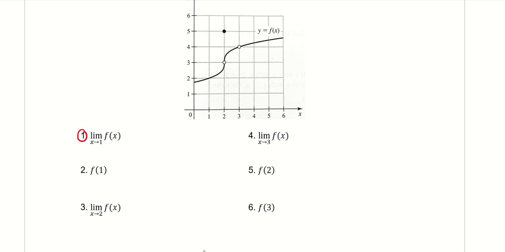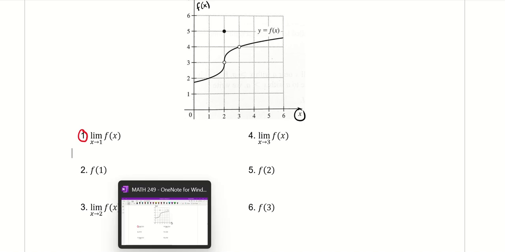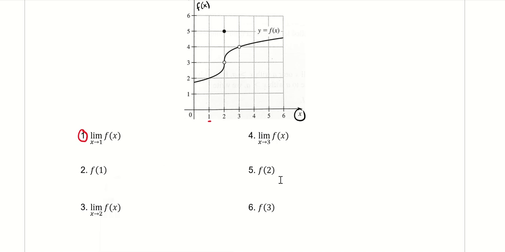So again, here are my x values on my x-axis. You can think of this as f of x on my y-axis. Let's start with the limit of f of x as x goes to 1. So here's my x value of 1, and I'm just going to draw on my picture what my function is doing as it gets closer to 1. As I get closer to 1 from this direction, it looks like my function is approaching a value of 2.